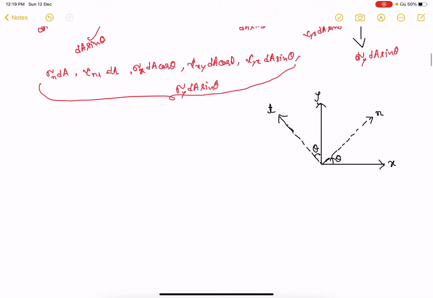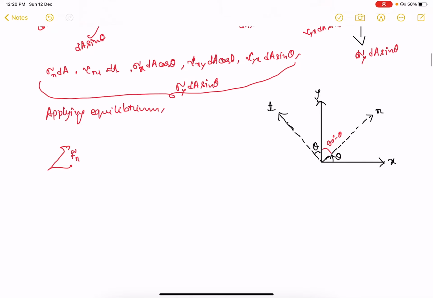Now applying equilibrium. What will it be? This angle is 90 degree minus theta. So the summation of the resultant of all the forces along the normal direction, taking this as positive, is equal to 0.